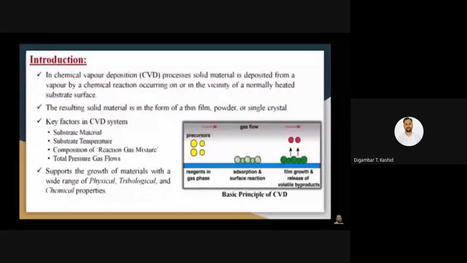So we can get the modification by this technique. What are the key factors in the CVD system? The first one is the substrate material, which we are going to coat or modify. The next factor is substrate temperature: what temperature the substrate can sustain so that it does not change any of its physical or chemical properties. The next is the composition of the chemical reaction gas mixture.